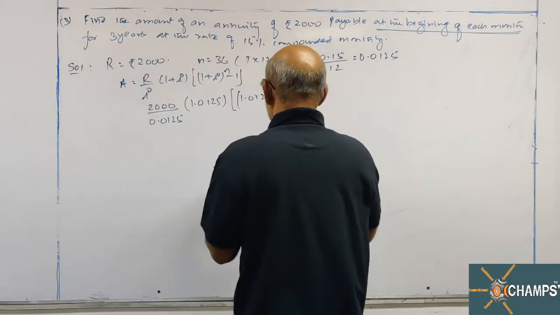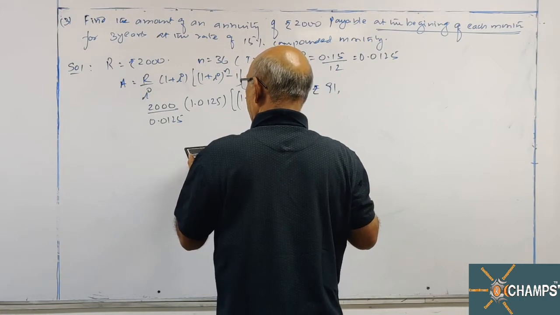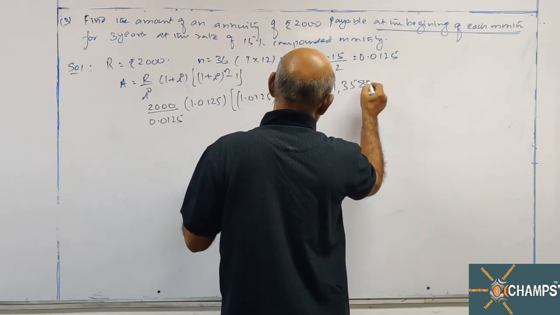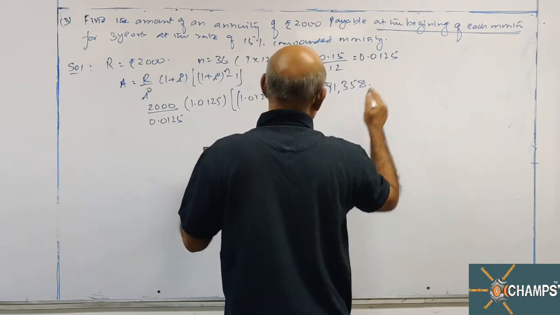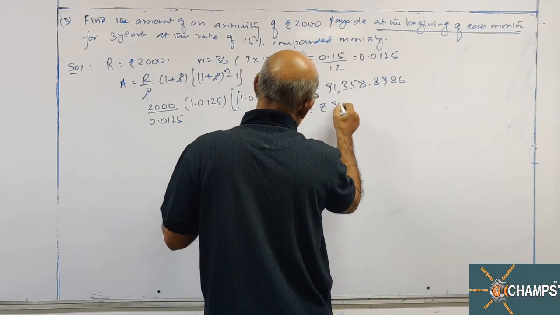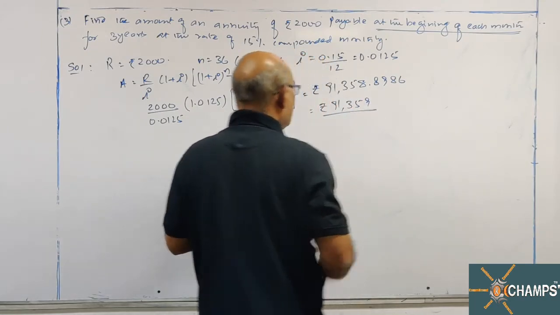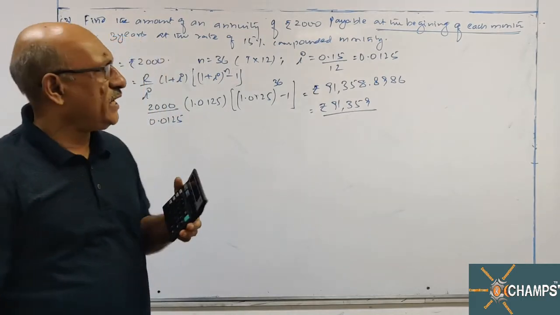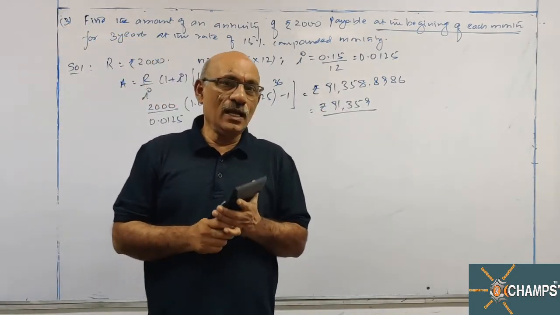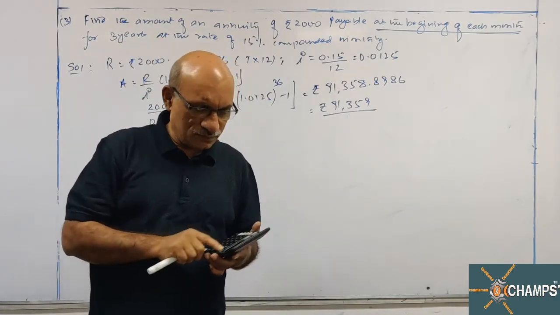It is rupees 91,358.8986, so approximately 91,359 rupees. Okay, this is the answer, 91,359.